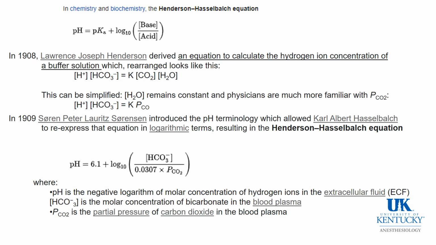Henderson derived an equation to calculate hydrogen ion concentration in a buffer solution, and this was the equation, and then it was modified to take into account CO2 instead of CO2 concentration. And then a year later, a guy named Sorensen, I guess it's Søren Peder Lauritz Sørensen, introduced pH terminology.